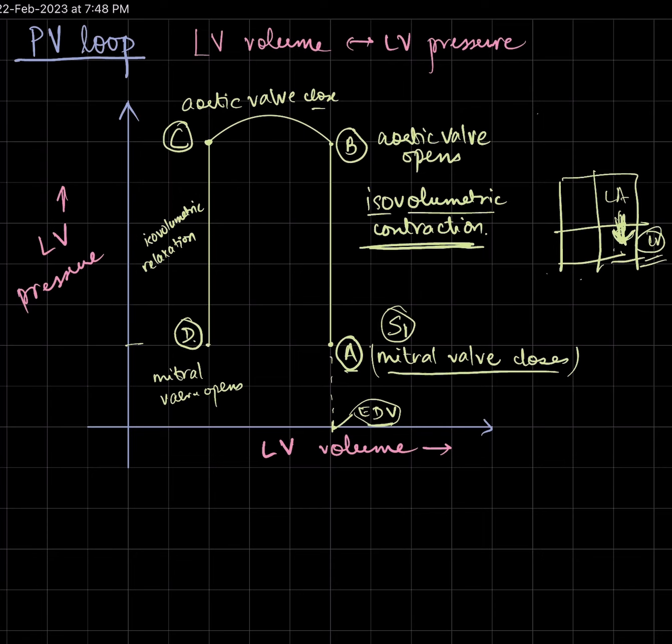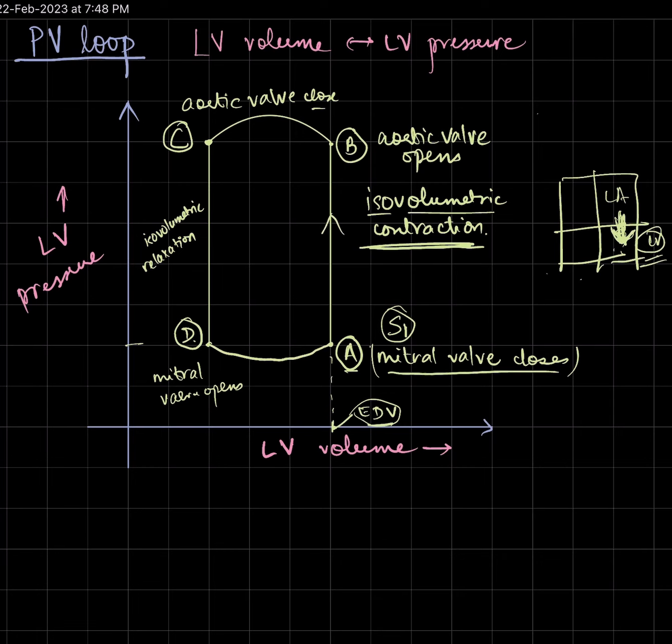The heart is again going to go into systole later on. It is just filling that is taking place. So this phase is your diastole. It just goes from here to there.